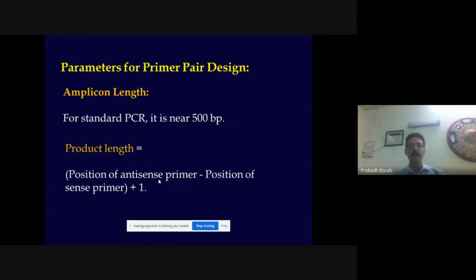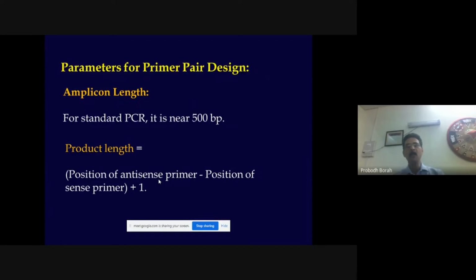Now for diagnostic PCR, when we use it for diagnostic purpose, our purpose is not to amplify a large sequence, but categorically to include a desired part of the sequence or the whole gene. Normally for diagnostic PCR, we restrict the product length to around 500 to 600 BP.